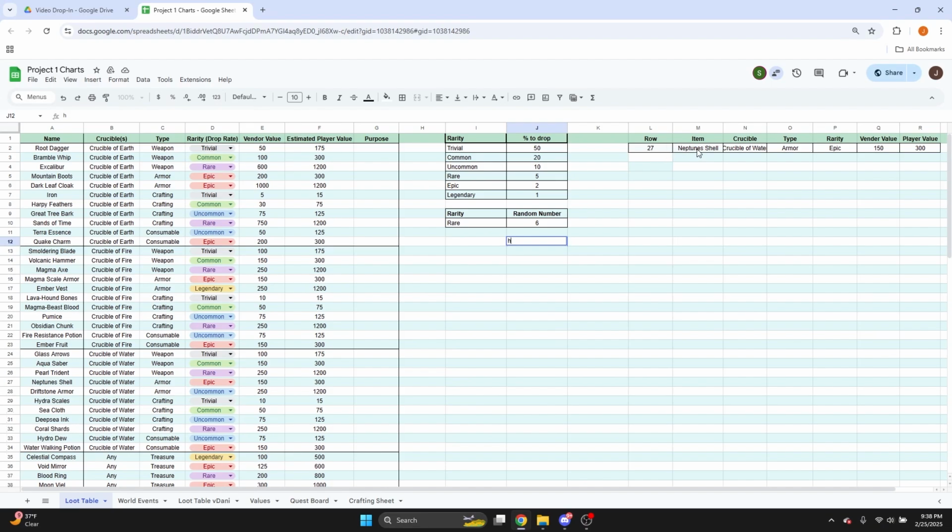So row 27 is Neptune Shell, Crucible Water, all that stuff. You can go down to 27, and it is Neptune Shell with the Crucible Water. And this is dynamic too. You could change it. It's 23 now. Change to 24, and you could change it to 12. And it just changes, and it's dynamic.